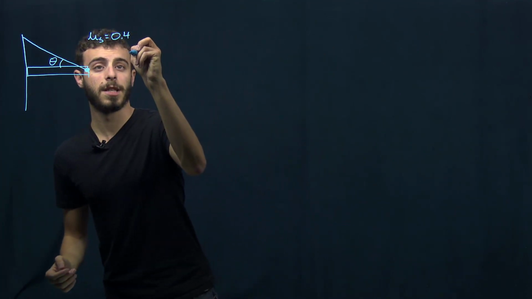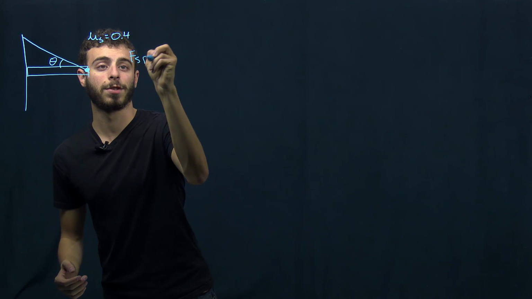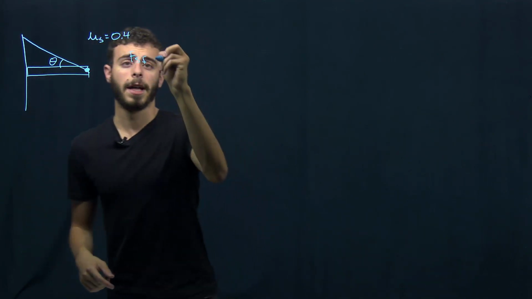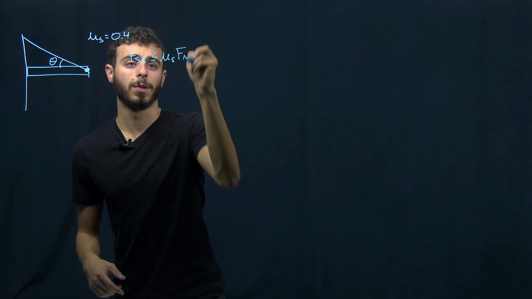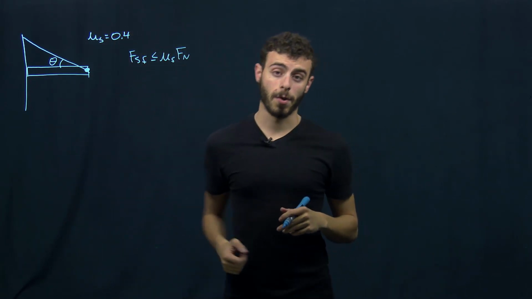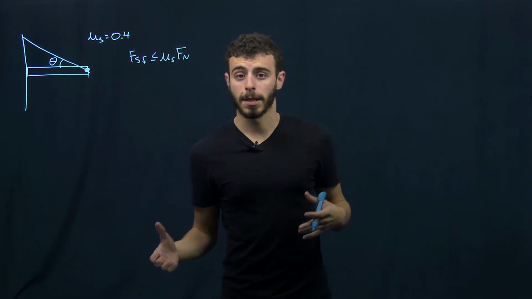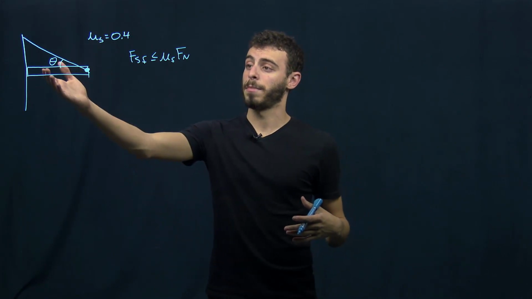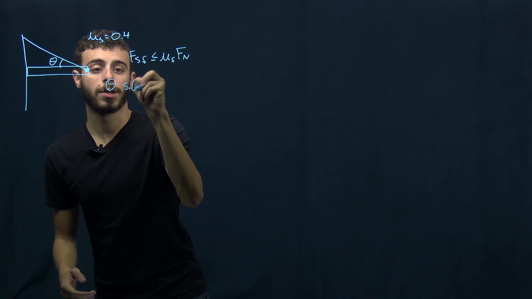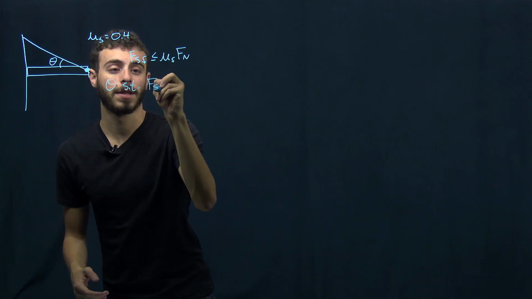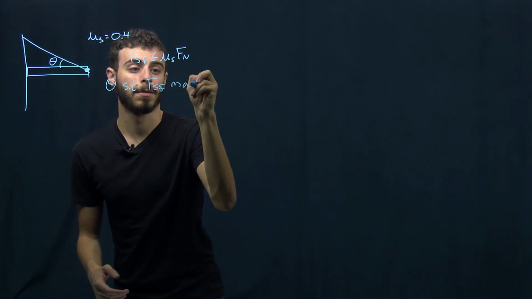In this case, we have a static friction force between the wall and the meter stick, which we know is always going to be less than or equal to mu_s times our normal force. So really we want the maximum theta, which means we're looking for the angle theta such that our force of static friction is at its maximum.